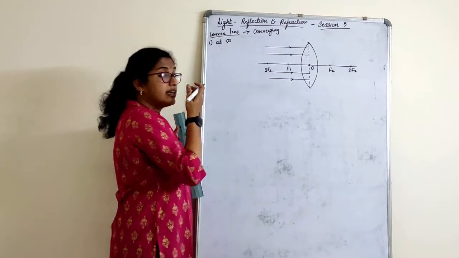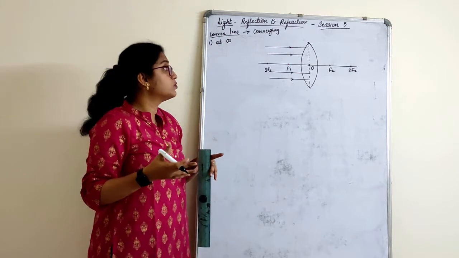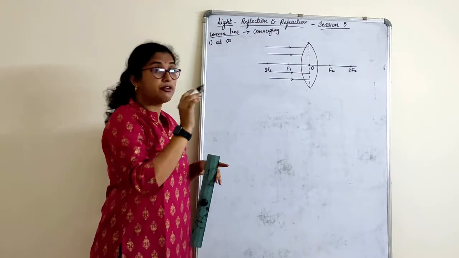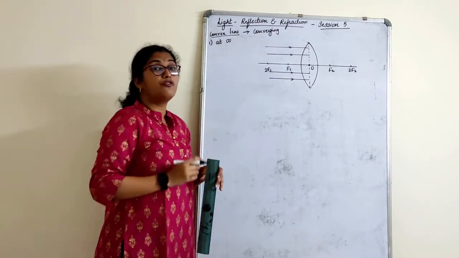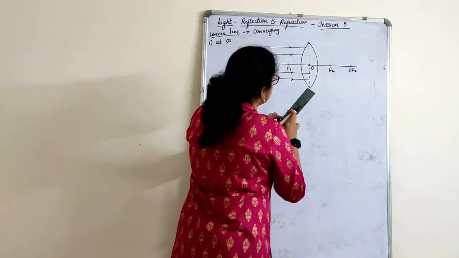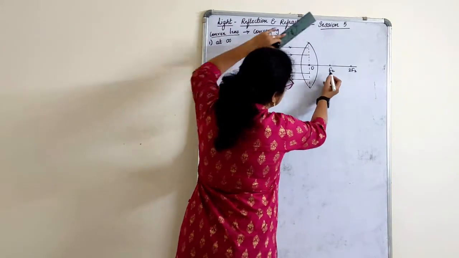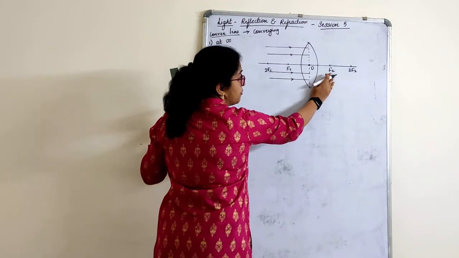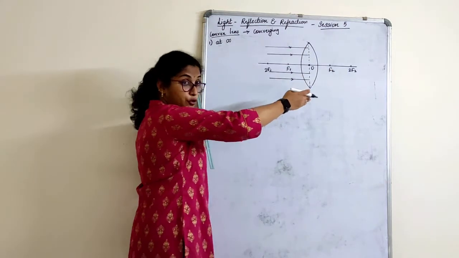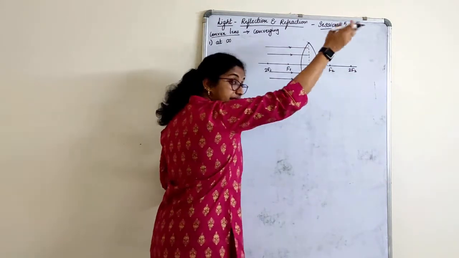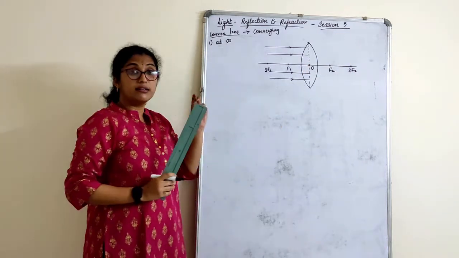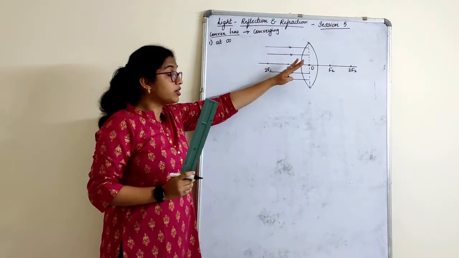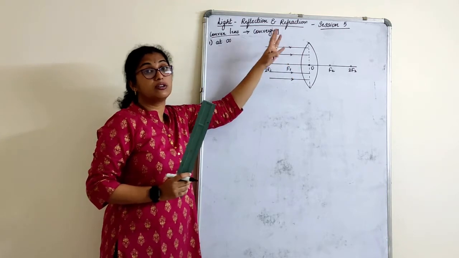As soon as the ray hits the lens, what will the lens do? There is no ray coming from the optic center here. It all focuses on the focus. Which focus? The second focus. This is twice the second focus. The rays will not converge on the first focus, children.